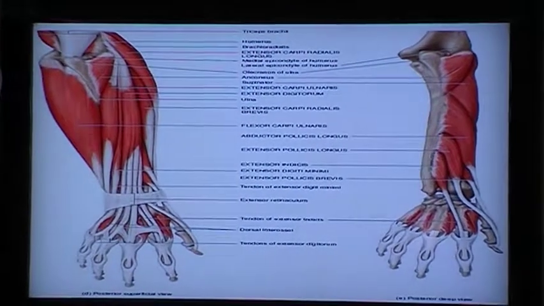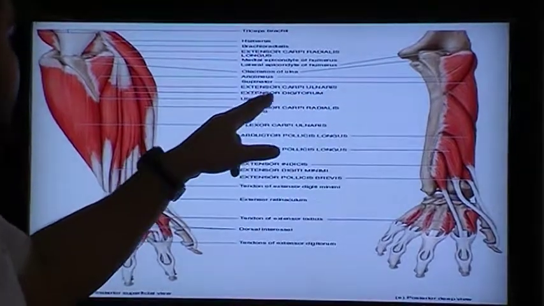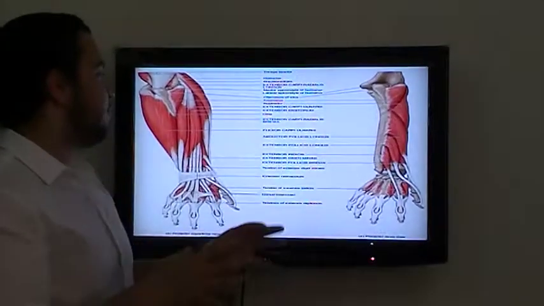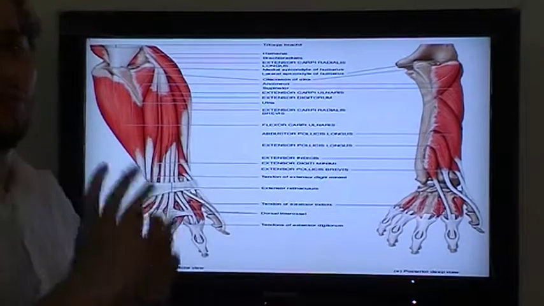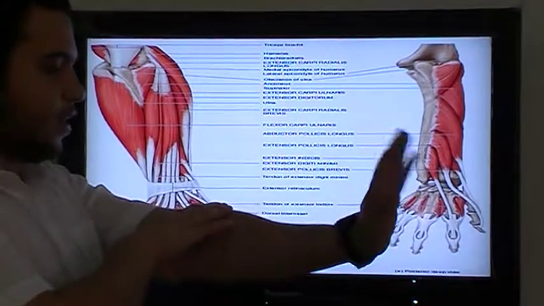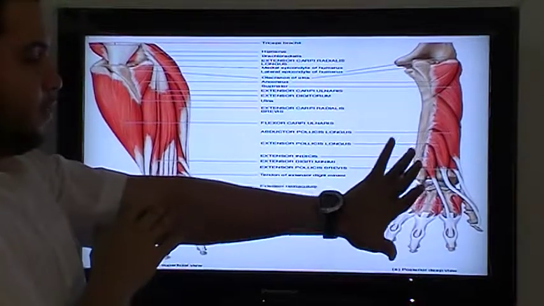Continuing this lecture, we have also extensor carpi ulnaris. As I said, we have extensor digitorum. Extensor digitorum is just the same as the flexor digitorum, but it doesn't have superficial or any other thing. That's why they call it just extensor digitorum. It extends the digits. These are the digits. It extends them.